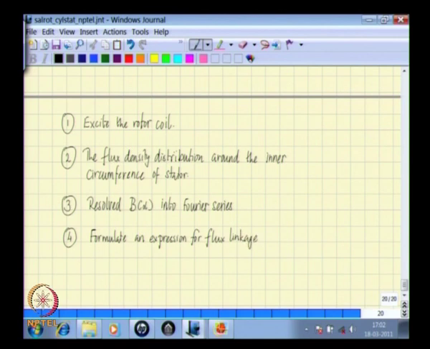In order to do this, we considered first an elemental flux linkage, which means we looked at an elemental area around the inner circumference of the stator. We found out how much flux was passing through that.